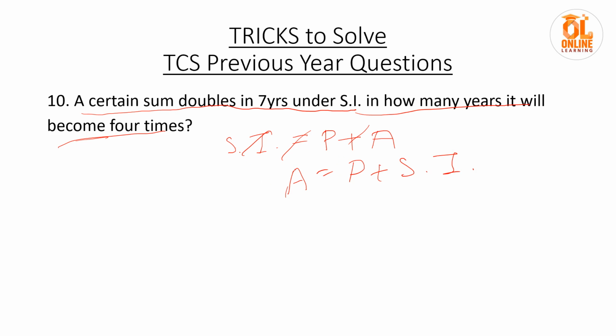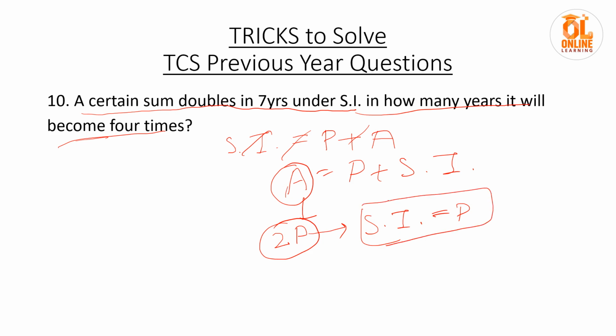So it is given the sum or the amount doubles, that is the amount becomes 2p of principal. So to become 2p, SI should be equal to p, then only the amount will become 2p. That is, SI becomes p in 7 years.